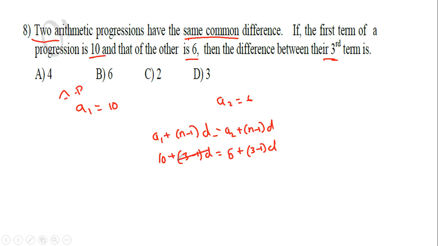So here plus 3 minus 1 into d, this one gets cancelled. 10 minus 6 is equal to 4. So difference means minus. A3, the third term, difference is 4. So which option is right? Option A is correct. Next sum.